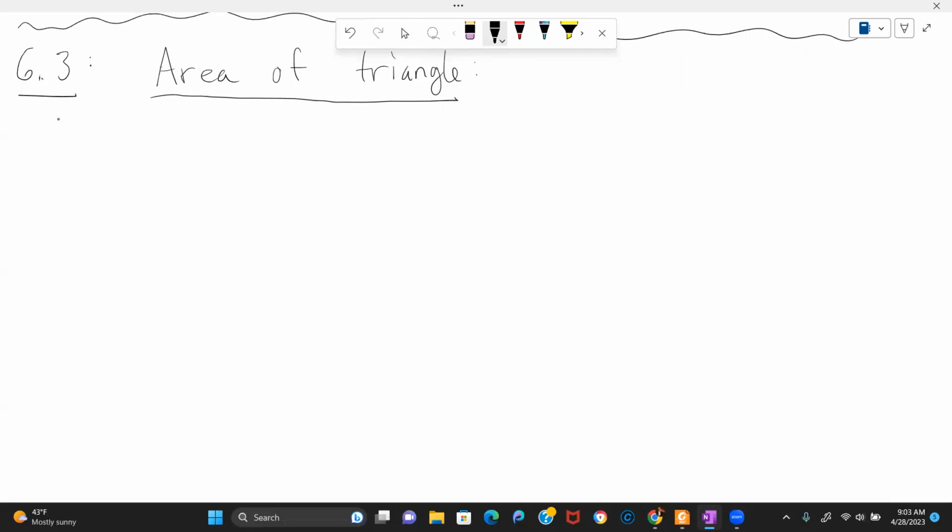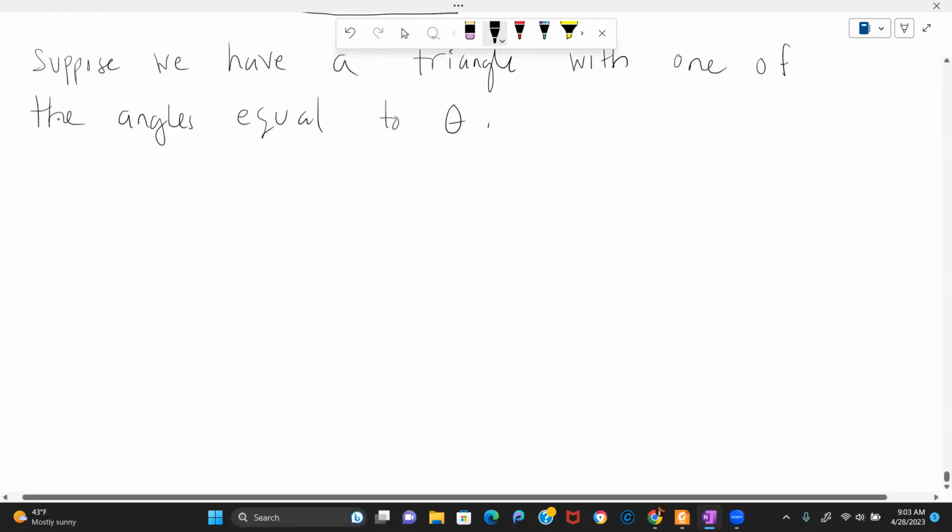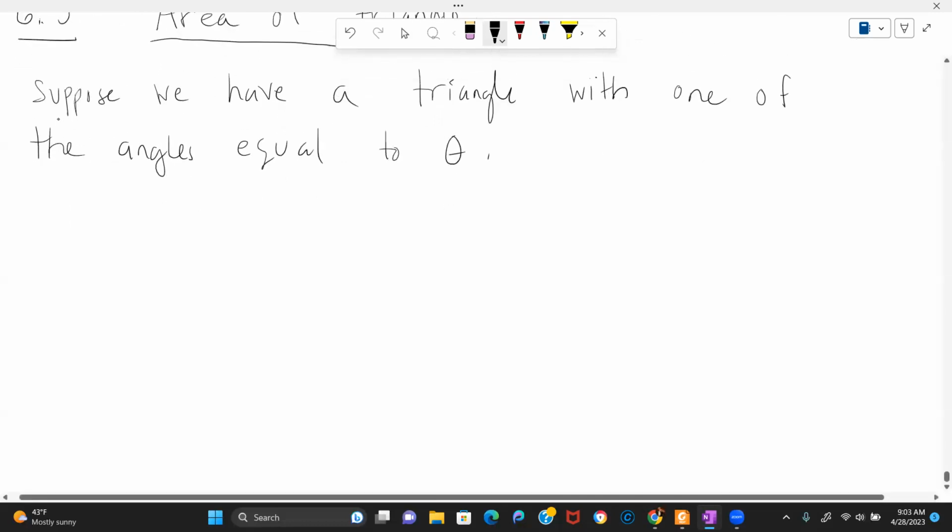Suppose we have a triangle. I'm gonna draw some pictures in a moment, but just some setup. So we have a triangle with one of the angles equal to theta. So theta is just some number. And this is actually going to give us two cases to consider.